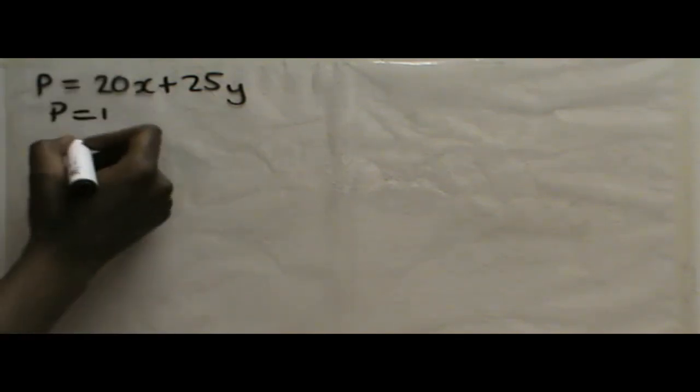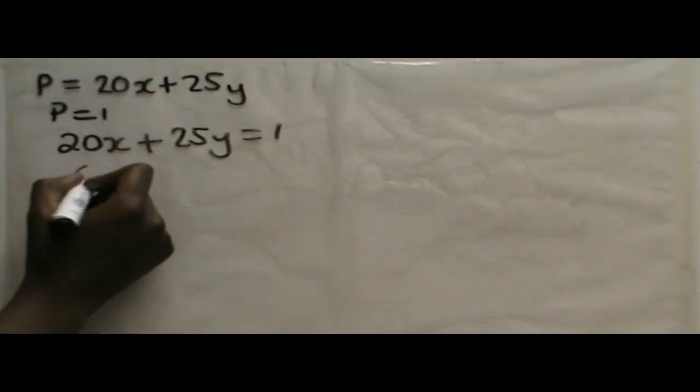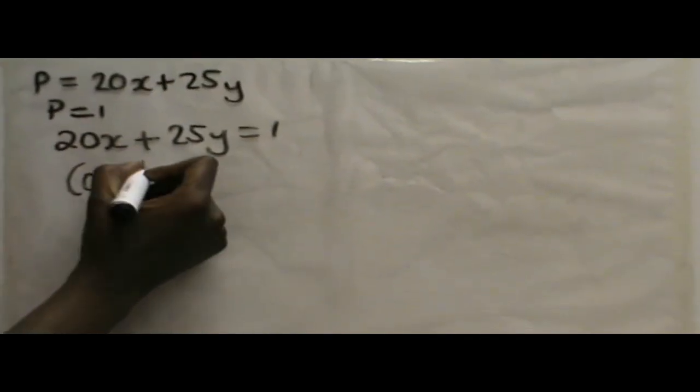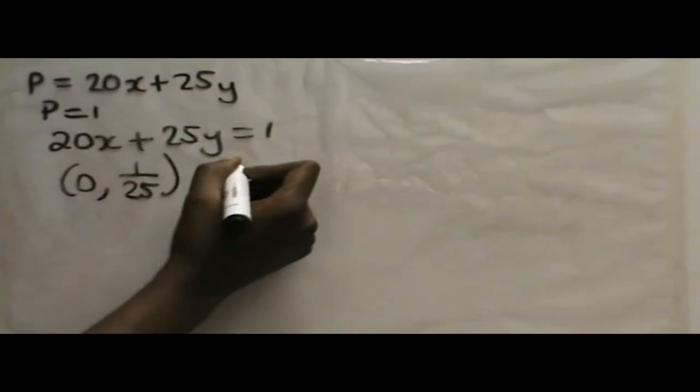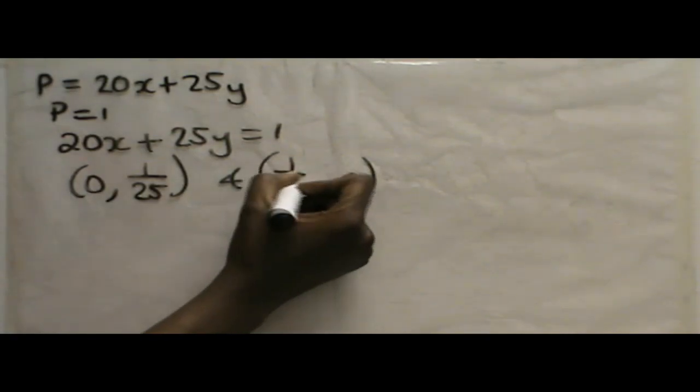So I'll have 20x plus 25y is equal to 1. Then I can find the intercepts. When x is 0, then y is equal to 1 over 25. And when y is 0, then x is equal to 1 over 20.